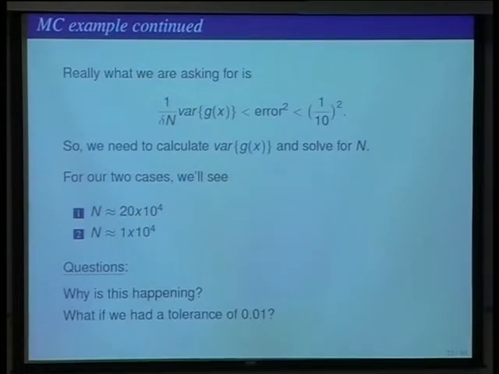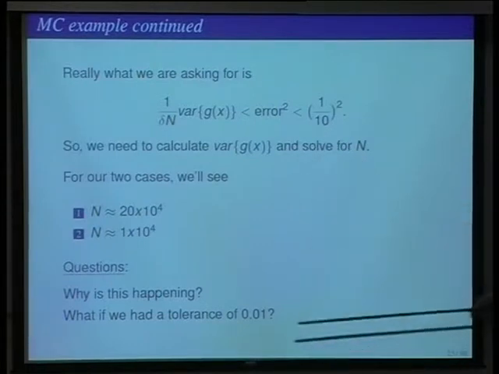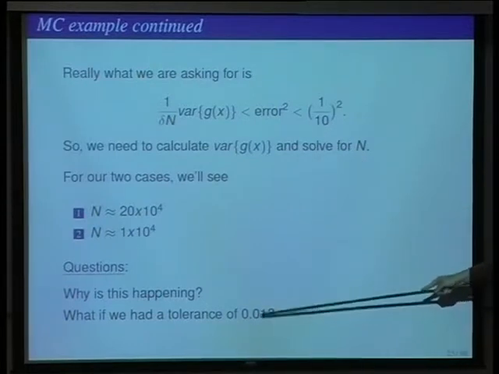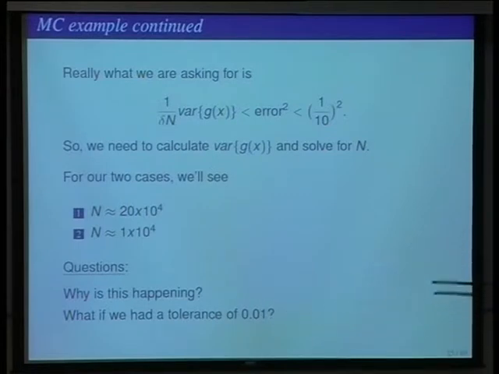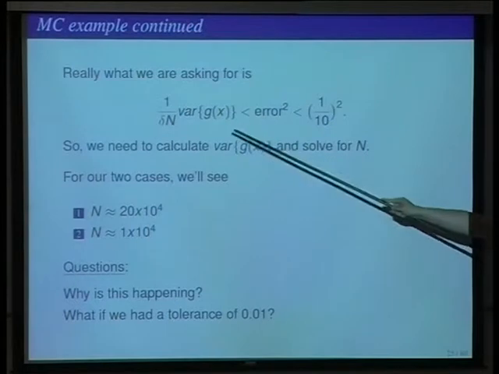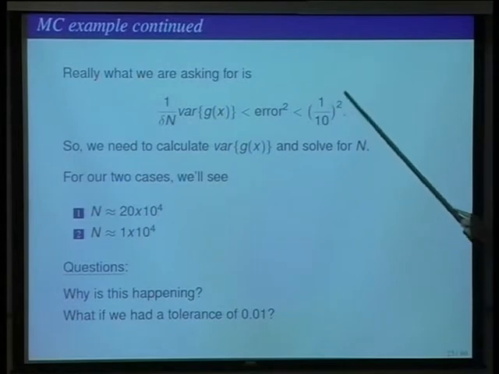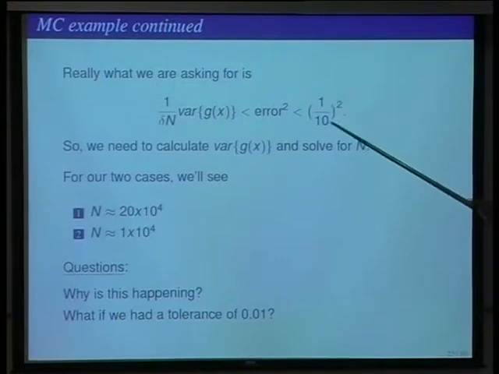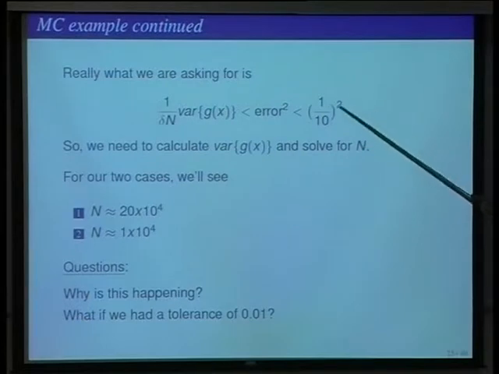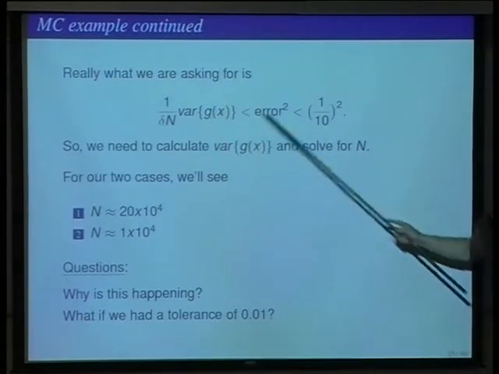Okay, so two questions. Why is this happening? Why are we doing so much better? Why are we getting this lower variance? And what if we had a stricter tolerance? I want to think about the second question first. If I solve this for n, my tolerance is this term. If I take this from 1/10 to 1/100th, I square that when I solve for n.